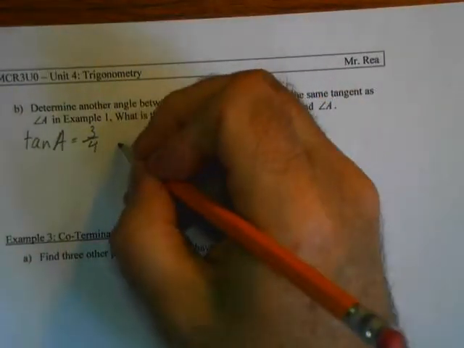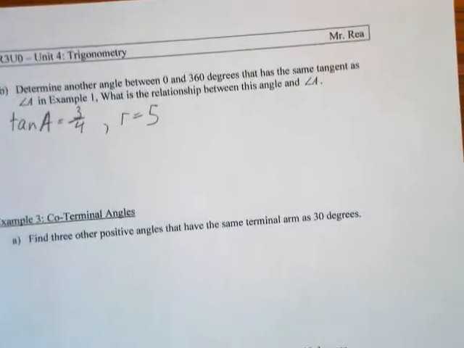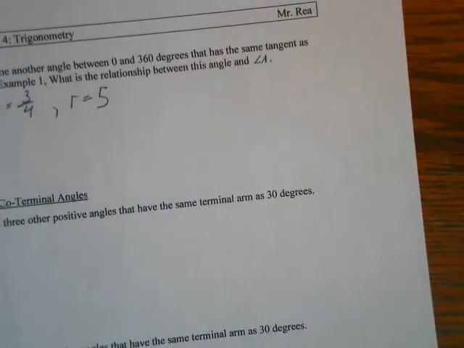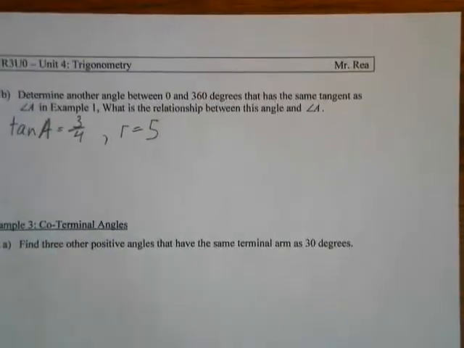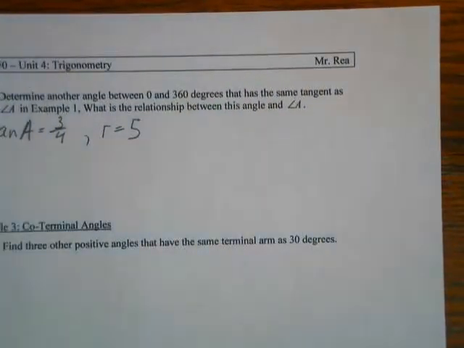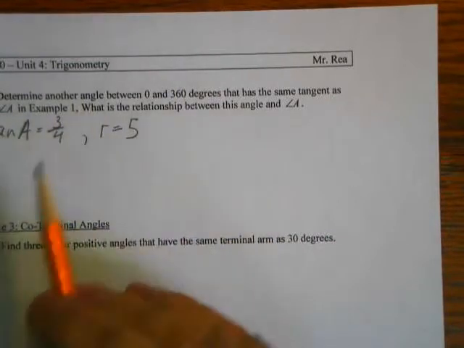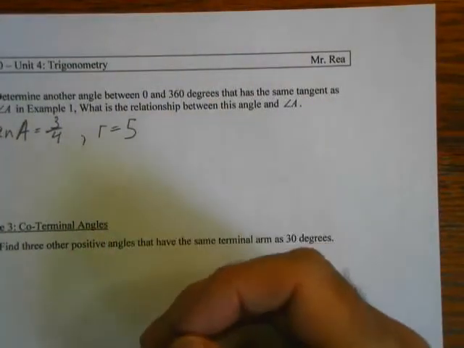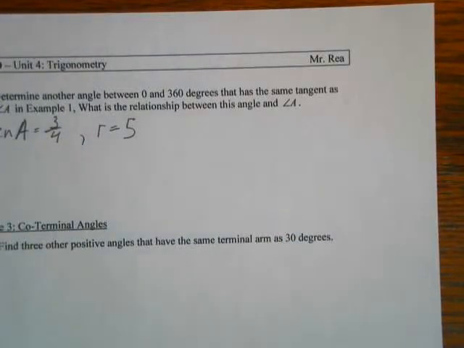And we also knew from that ratio that R is equal to 5. Now this is the tricky one because for sine and cosine, we're always able to determine the value of x or y because we always knew that R was positive. So if we had a positive ratio, we knew that x or y was positive. If we had a negative ratio, we knew x or y was negative.